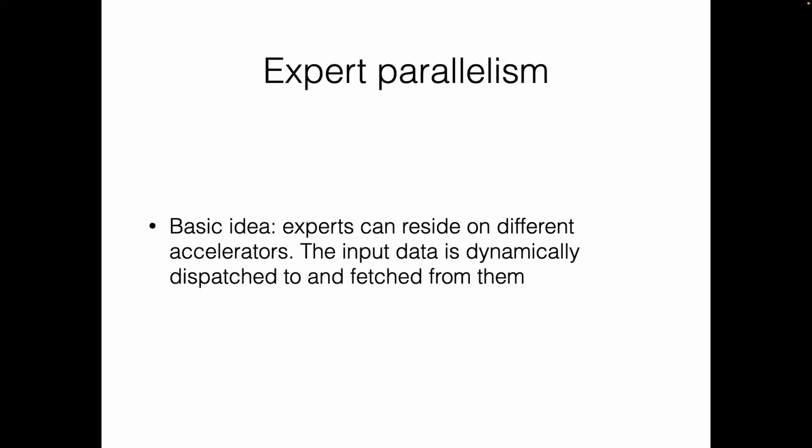So maybe I should have had a picture here, but maybe I'll do some hand waving. If you think about what's happening, let's say you have four different experts and you put them on four different devices. Well, then now let's consider expert one. It basically has to process across an entire batch any tokens that go to the expert, right? And so you're going to have these all-to-all operations. And so there's going to be potentially a lot of communication costs, and that's going to be what you want to minimize again through having good load balancing.